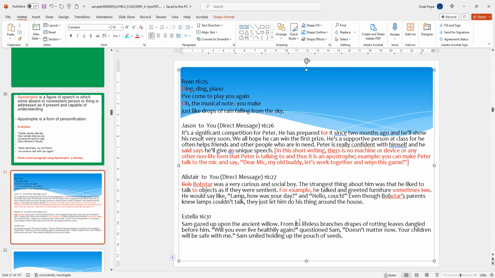Oh, okay. From its lifeless branch, drapes of rotting leaves dangled before me. Yeah, I like this writing, especially the word dangled, the very, very dynamic word. I like this very dynamic verb.